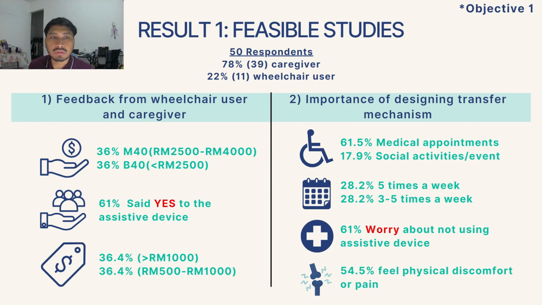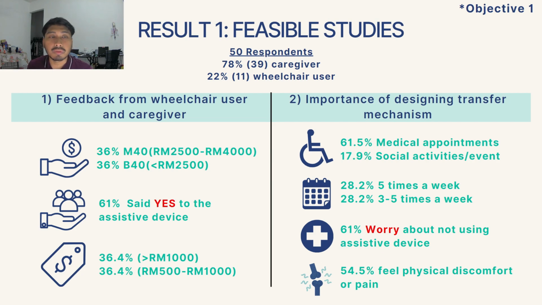So for the first section, feedback from wheelchair users and caregivers. The first question I asked was their income classification. The majority of them are from M40 and B40, which hold the same percentage of 36%. Then I asked if they need an assistive device or not.